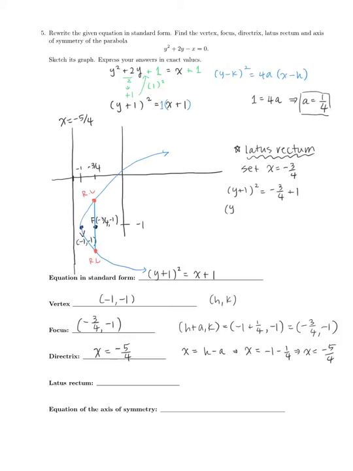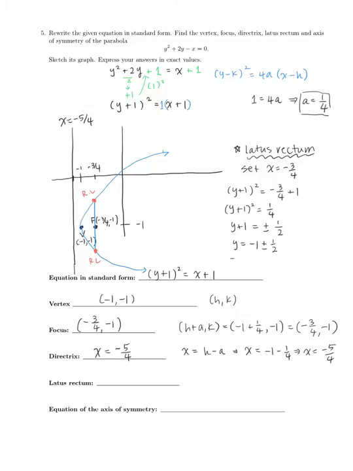So then you're going to have (y + 1)² = 1/4. Taking the square root on both sides, you're going to have y + 1 = ±√(1/4), which is the same thing as 1/2. So when x is -3/4, we have y = -1 ± 1/2.